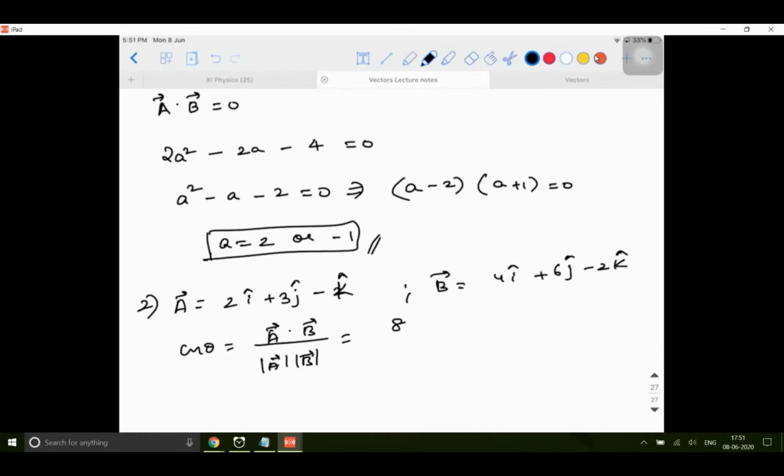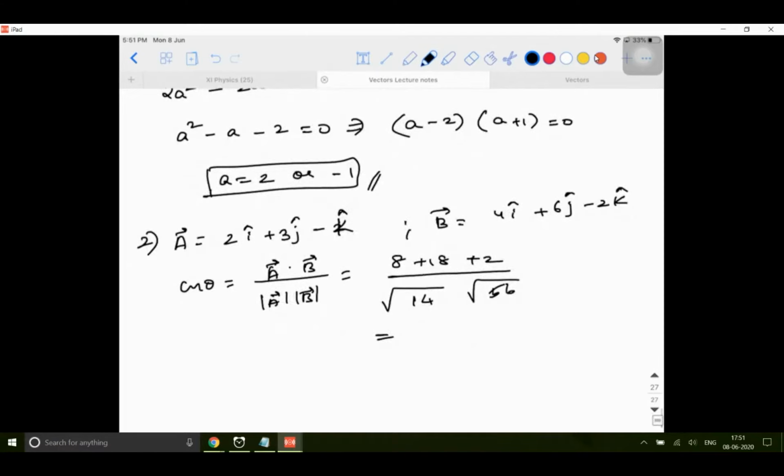It is 8 plus 18 plus 2, the whole divided by square root of 4 plus 4 plus 9, 13 plus 1, root 14 into square root of 56. So 8 plus 18, 26 plus 2 is 28 divided by root 14 into 2 root 14.